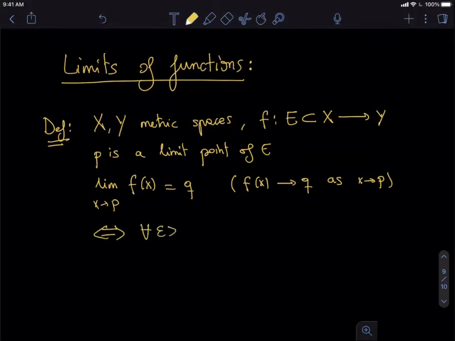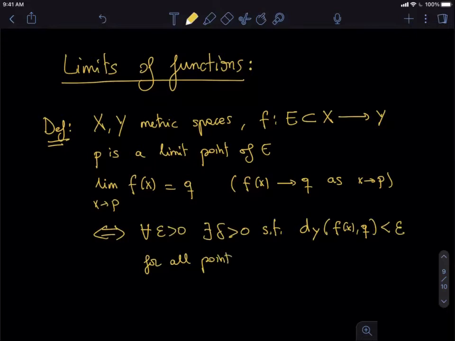For every epsilon bigger than 0, there exists delta bigger than 0 such that the distance between f of x and q is less than epsilon for all points x in E for which the distance between x and p is less than delta, and this is the distance in the metric space X.